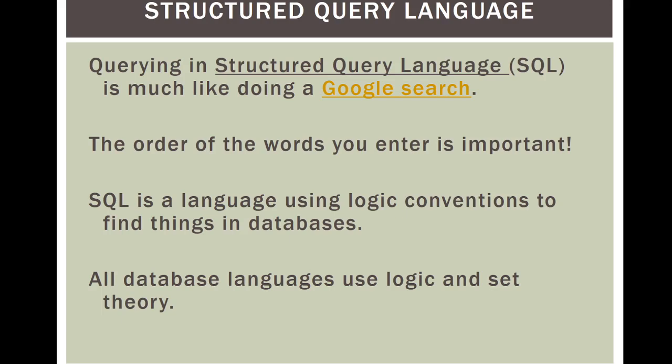One of the common things you hear from computer science people is that it's not that I'm smarter than you, it's just that my Google foo is better than yours, and that kind of plays in here. So basically, SQL is a language using logic conventions to find things in databases.